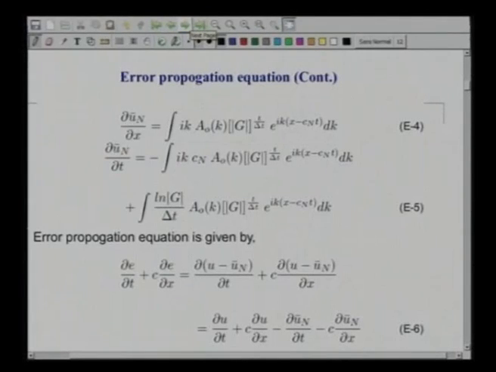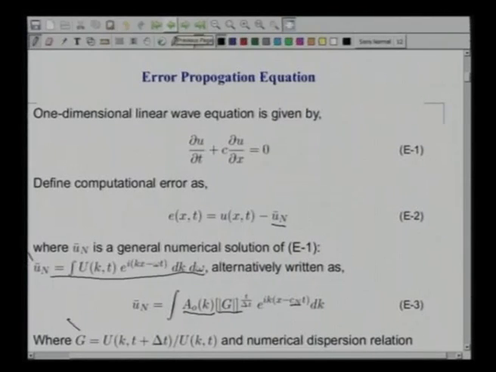So, if we look at the expression that is given in the previous slide, we can immediately obtain the space derivative and the time derivative one at a time, and the expressions are given as they are. Please note that in the previous slide, the time dependence actually comes through the g term as well as the e to the power minus i k c n t term.